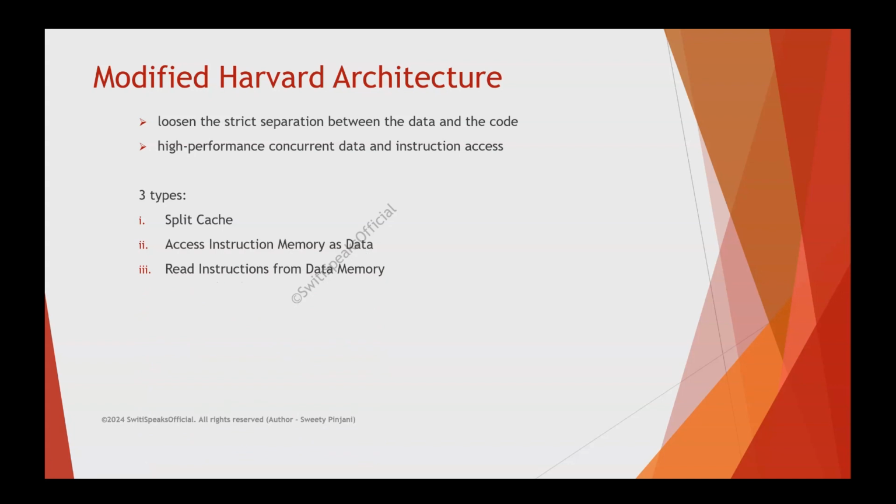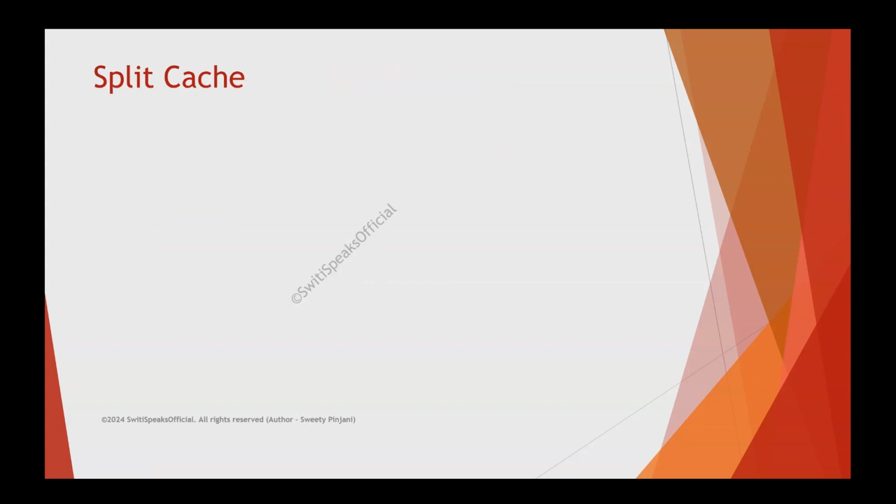The third way is read instructions from data memory. Earlier we were only having data in data memory, but now we can also read instructions from data memory. Now let's see all these three types in detail to understand how this modified Harvard architecture is providing us advantage over Harvard architecture.